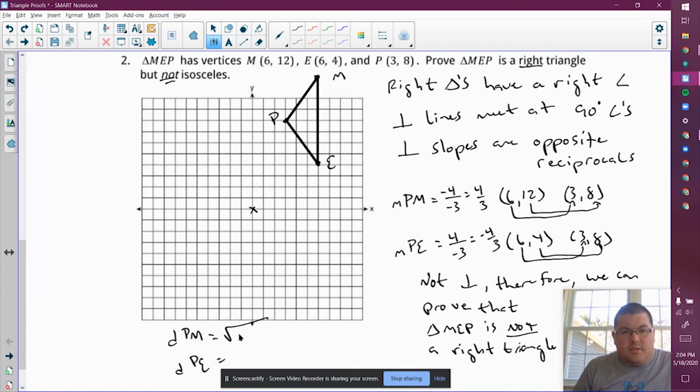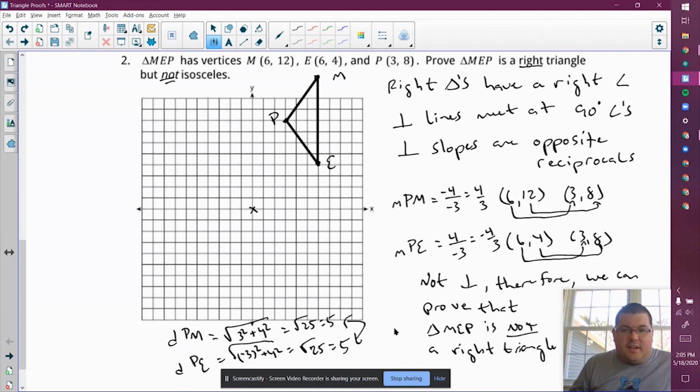Well, the run is 3 squared, the rise 4 squared. We would end up with 5, right? Or if we had done PE, we would have a run of negative 3 squared and a rise of 4 squared, still with 25 under the square root, which is 5. Now, what does this communicate to us?